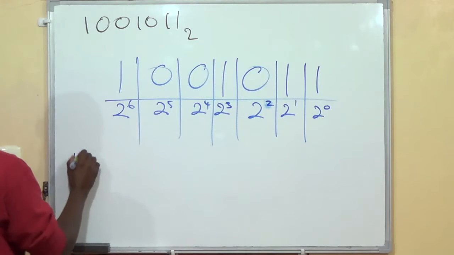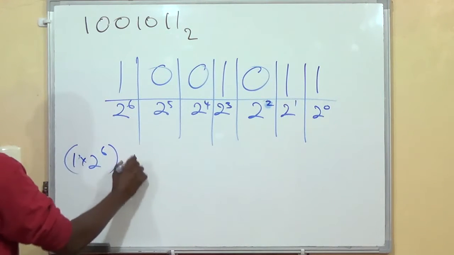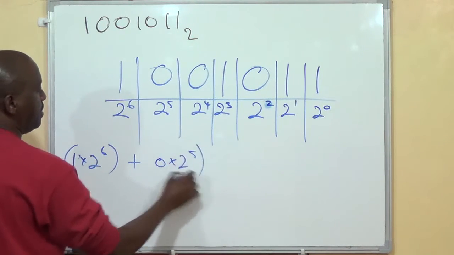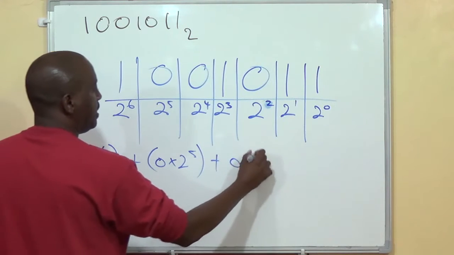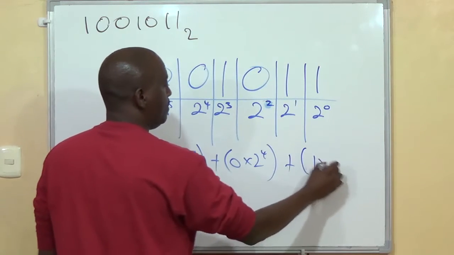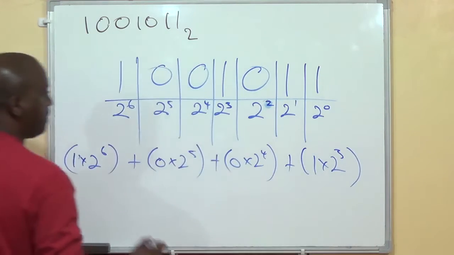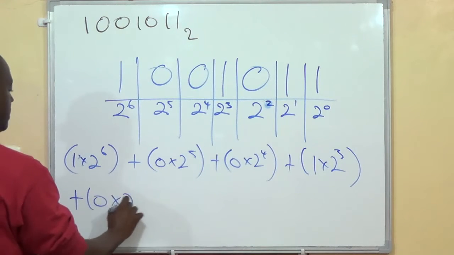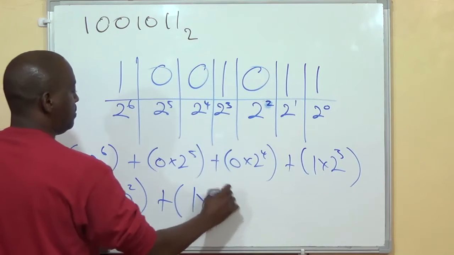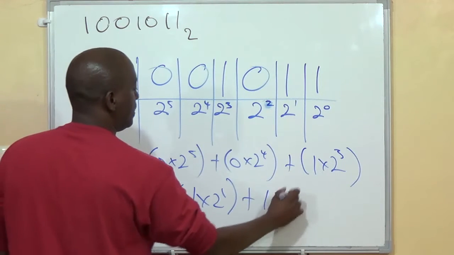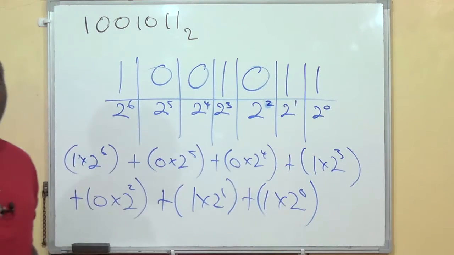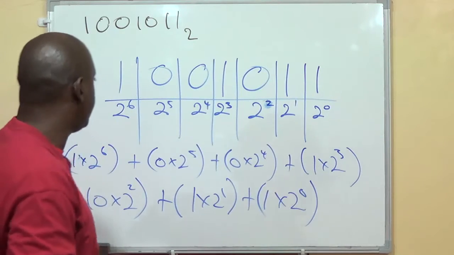So this is 1 by 2 to the power 6 plus, and we're going to write the whole thing out just for emphasis, 0 by 2 to the power 5 plus 0 by 2 to the power 4 plus 1 by 2 to the power of 3 plus 0 by 2 to the power of 2 plus 1 by 2 to the power of 1 plus 1 by 2 to the power of 0. That is essentially what that number signifies.